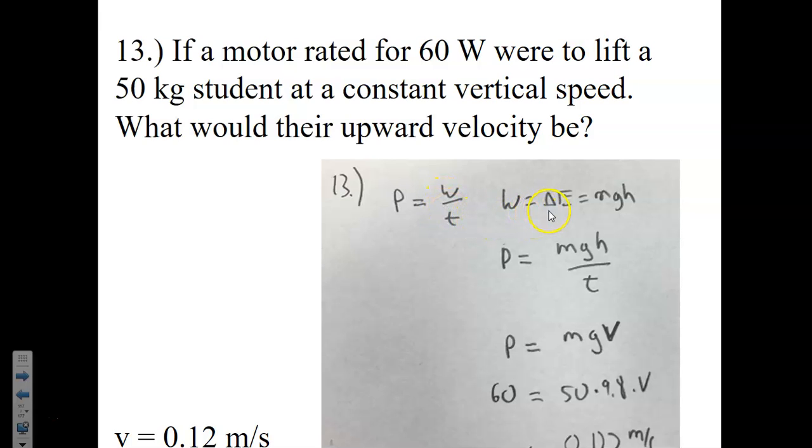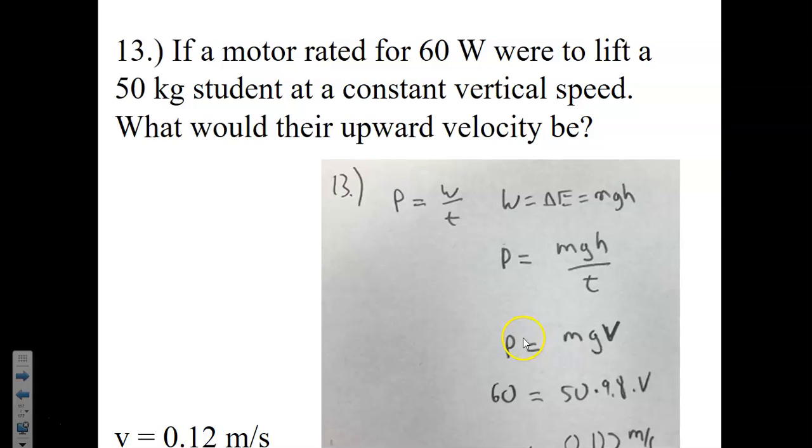And work is going to equal the change in gravitational potential energy, which is mgh. Now, if we plug that in for work, we get power equals mgh over t. Now, the height divided by the time is the upward vertical speed. It's the velocity. It's the rate at which its height is changing. So that's the velocity that I'm looking for.